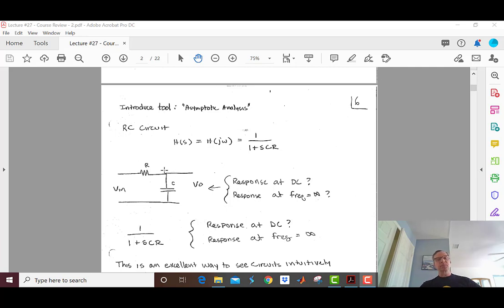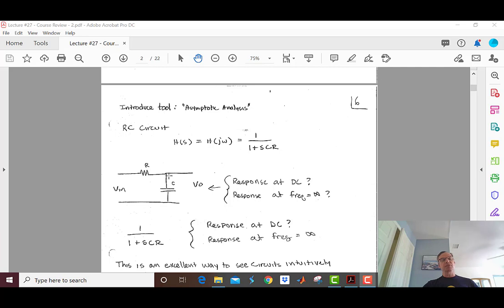Now, that's what we did when we started the course. We said there's no steady state current in a capacitor, just like there's no steady state voltage across an inductor. But we can also just use the formula for the impedance of the capacitor. It's 1 over j omega C. If omega is equal to 0, then the denominator of 1 over j omega C goes to 0, and therefore the impedance goes to infinity.